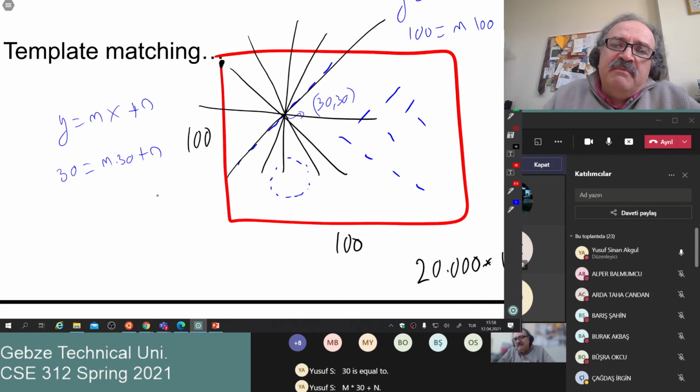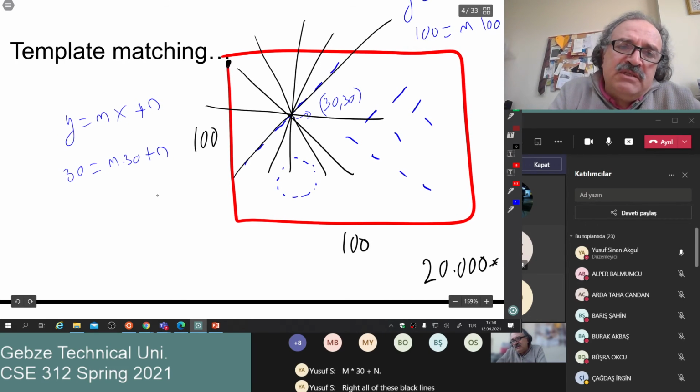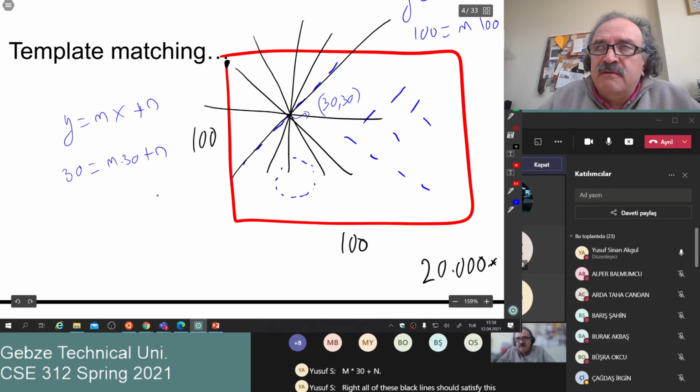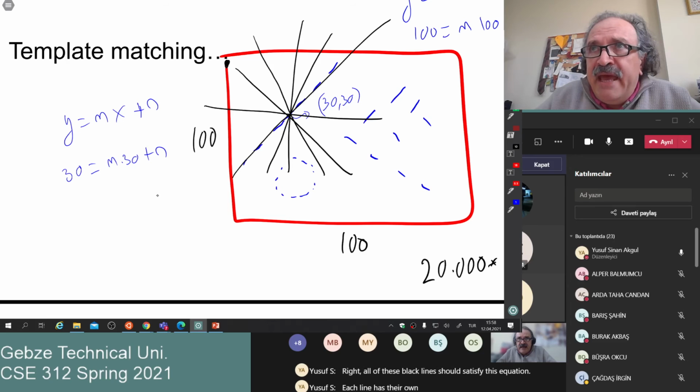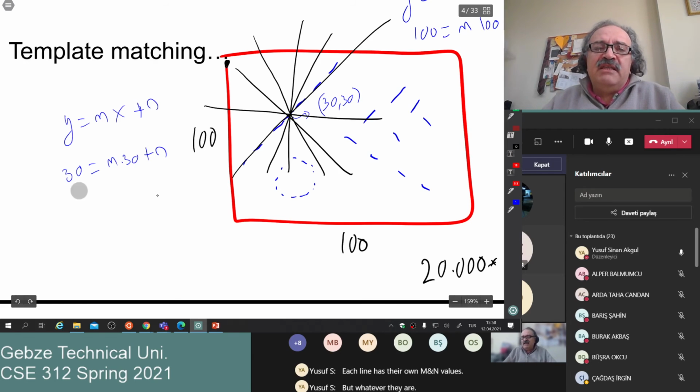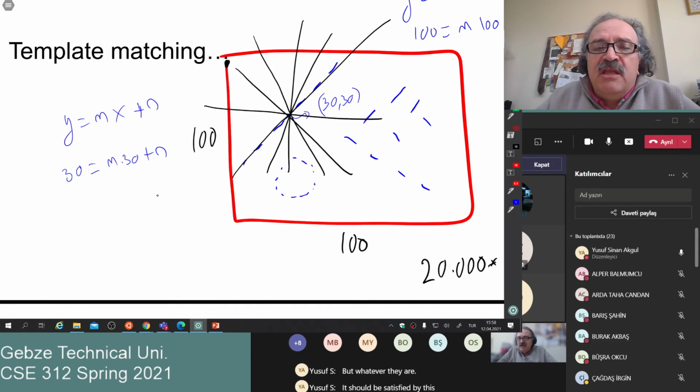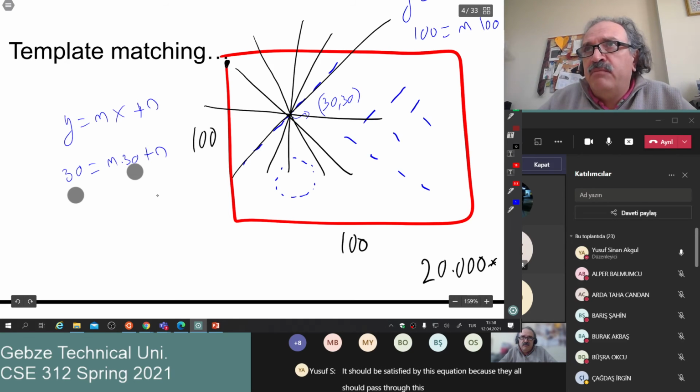All of these black lines should satisfy this equation. Each line has its own m and n values, but whatever they are, they should satisfy this equation, because they all pass through this 30-30 point, right?